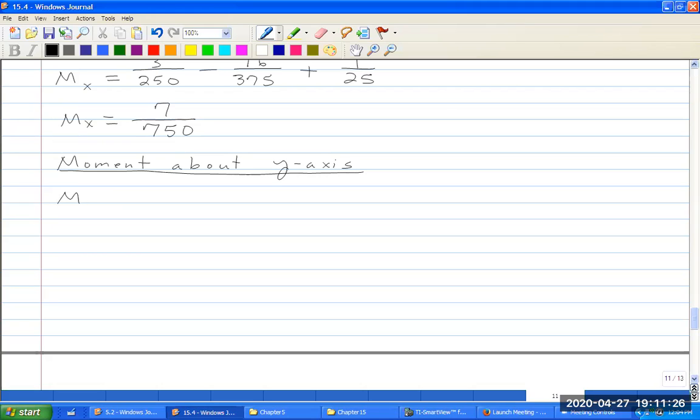So m sub y is equal to, and maybe I'll give it in this form, the double integral over D of y rho. Now it's going to be the exact same integral from before. So just like from before, it's the integral from 0 to 2/5.